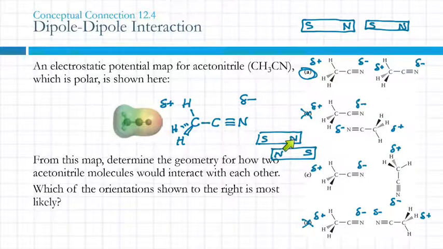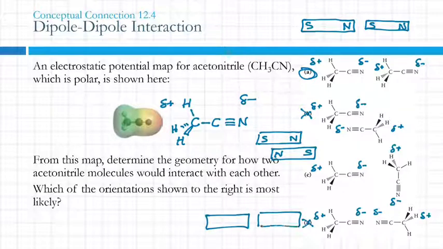And so the negatives here are going to push each other away. This one at the bottom, we have both North Poles together. That's not going to be attractive at all. And here we've got one sideways to the other. You guys have any questions about that? Does that make sense?